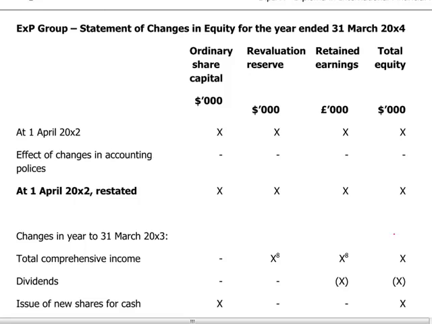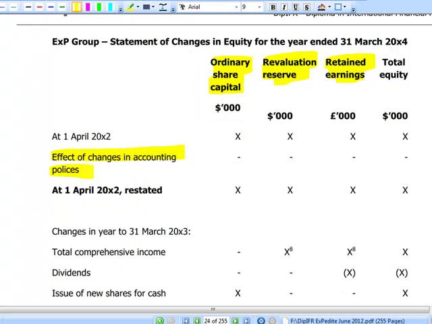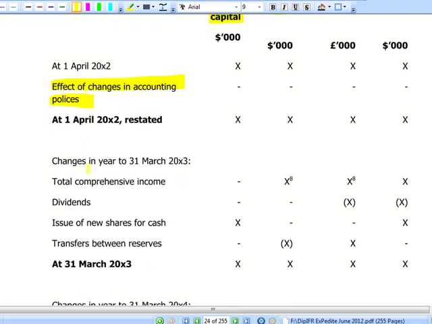So for instance, we switch rows into columns, and we take share capital, revaluation reserves, retained earnings, and any other type of reserves that you might have in the statement of financial position, and reconcile the opening and closing balance with all the transactions that happened during the accounting period. If we happen to change our accounting policy, we will show the net effect by adjusting retained earnings. It was not the case in our scenario here.